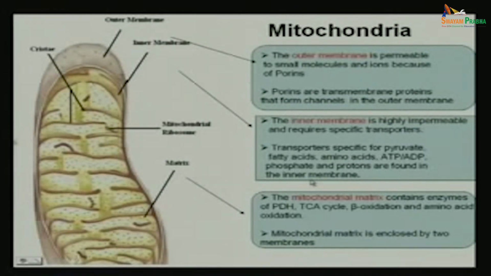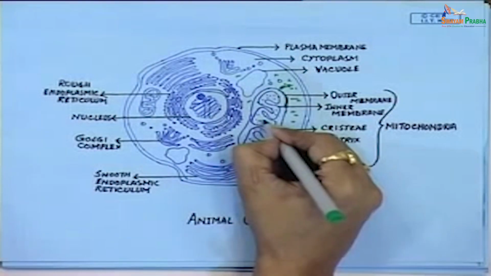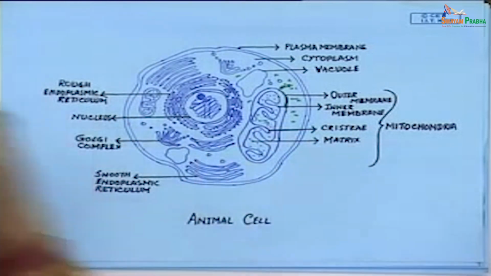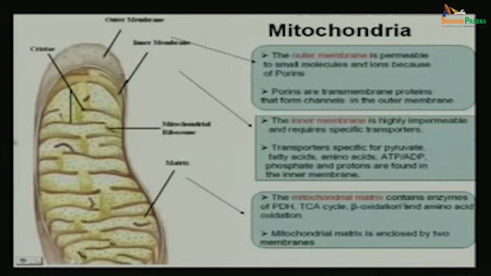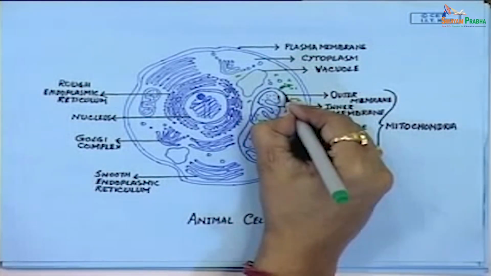of this mitochondria. And when we see the inside, this inside is the matrix. The mitochondrial matrix contains enzymes, that is pyruvate dehydrogenase, TCA cycle enzymes, beta oxidation and amino acid oxidation enzymes. And the mitochondrial matrix is enclosed by two membranes, the inner membrane and the outer membrane.